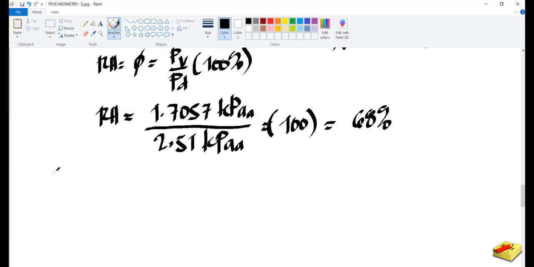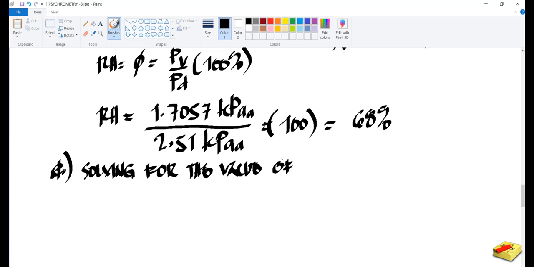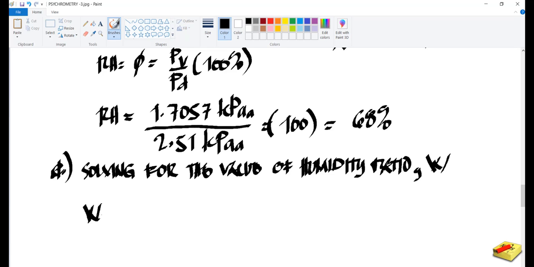So let's go to C, solving for the value of humidity ratio, okay, which is W. So we have your equation, so that is equal to 0.622 times the partial pressure of vapor divided by total partial pressure minus the partial pressure of vapor.